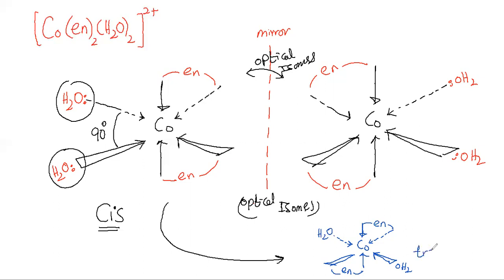So this is trans. ठीक है? तो अब बेटा इस तरह का जो आइसोमर होगा, इसका ऑप्टिकल भी पॉसिबल है और सिस ट्रांस भी पॉसिबल है. ठीक है? You can draw optical as well as cis trans for this kind of complex.